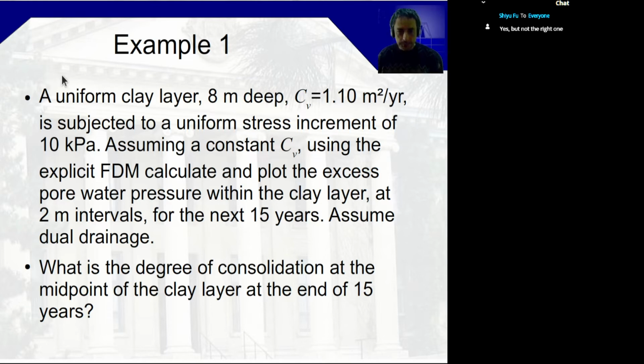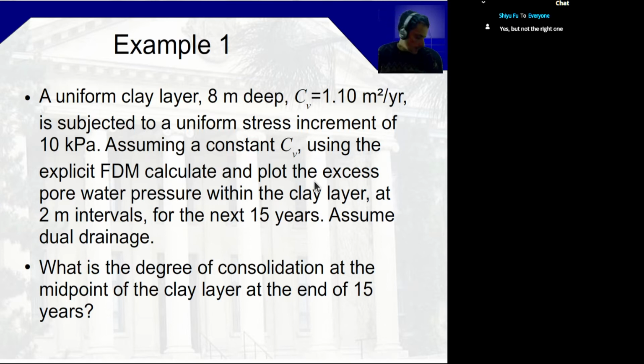Okay, so, question from the example. We have a uniform clay layer that is 8 meters deep, and it has a coefficient of consolidation of 1.10 meters square per year.